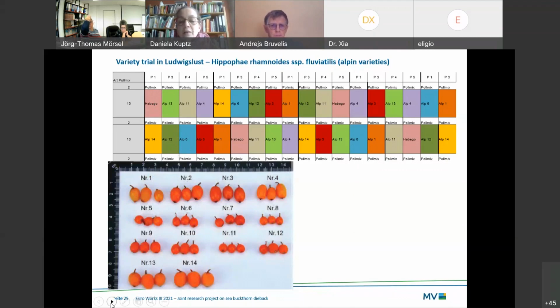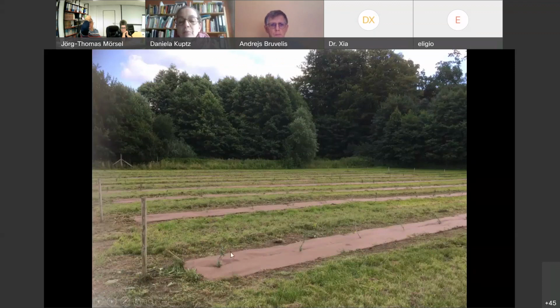This is a picture of the field this year. They are very small growing because we had a lot of not deers, but smaller ones, a kind of deer with his child, and they were eating a lot of the Seabuckthorn, but they are still alive, and we hope we get them even bigger than this year in the next year.